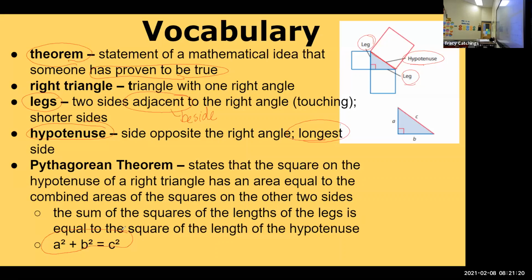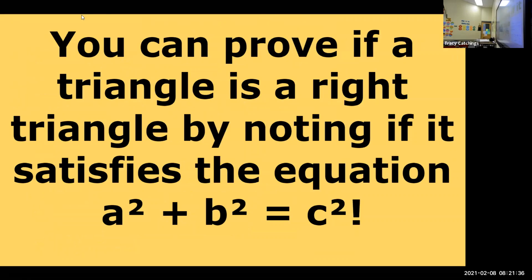C is always the hypotenuse, which is your longest side. If that formula works for different numbers, that means it is a right triangle. If it doesn't work, that means it's not a right triangle. All right, somebody read that to us.